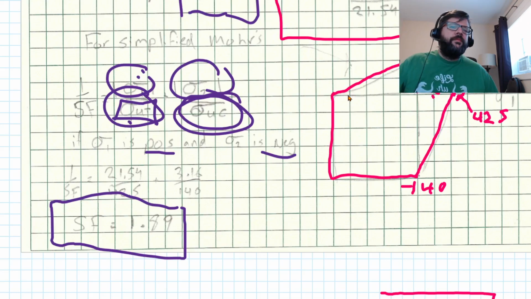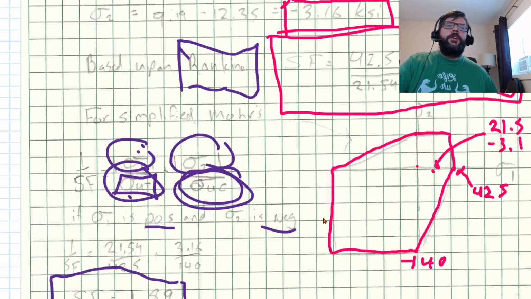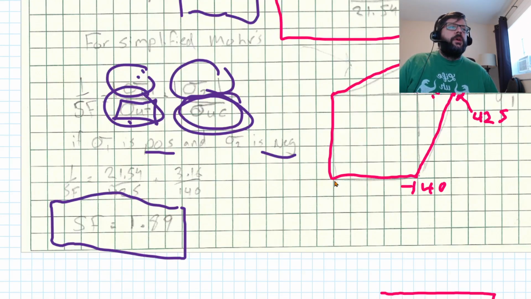But yeah, safety factor there, 1.89 for the simplified Mohr's. And I don't think it's necessary to use any other failure criteria.